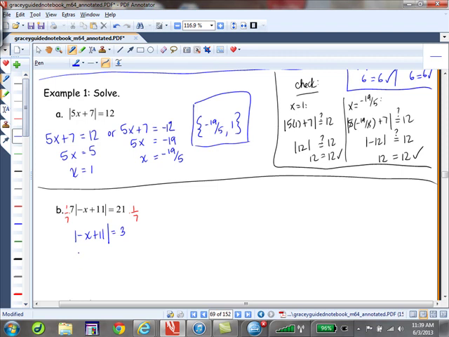And now we can apply the rules for absolute value. Negative x plus 11 is 3, or negative x plus 11 is the opposite of 3. So negative x would equal negative 8. x would be 8.